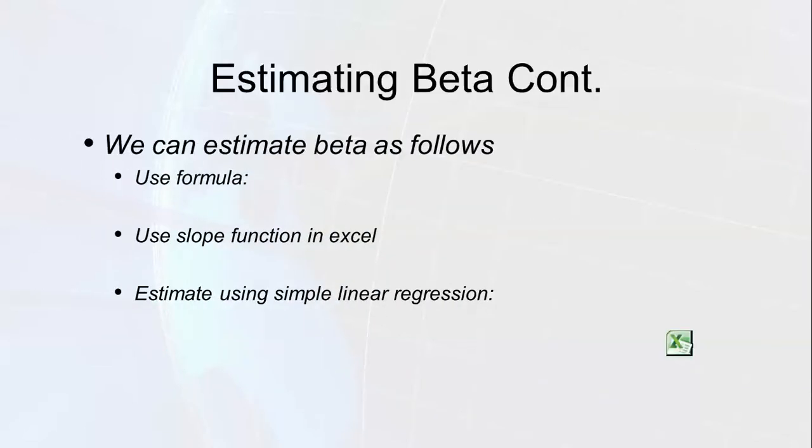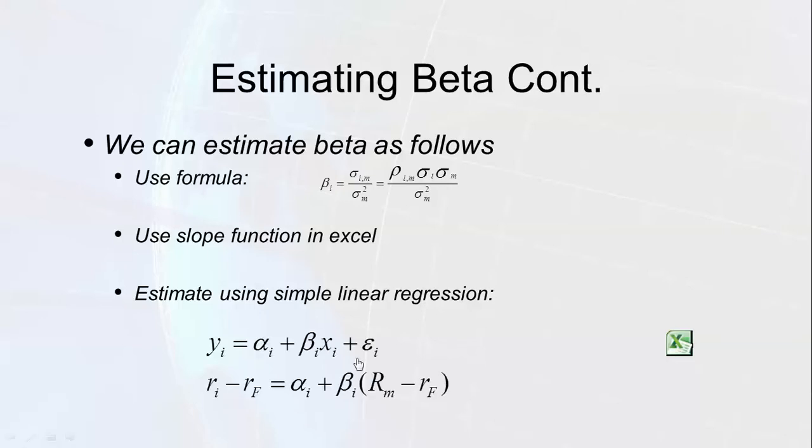So let's use Excel, because for this formula you need to compute several pieces of information. The easiest way to compute beta is using Excel's linear regression function. Basically it's a simple linear regression from statistics 101: Y equals intercept plus beta times the x variable plus error.